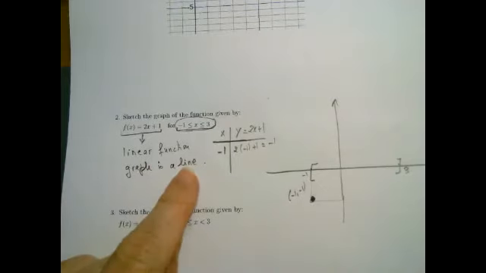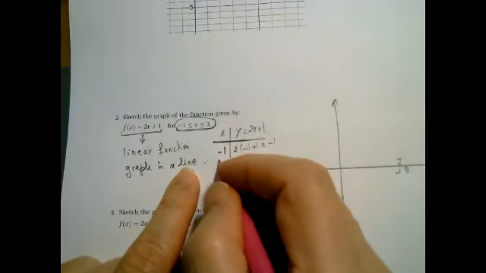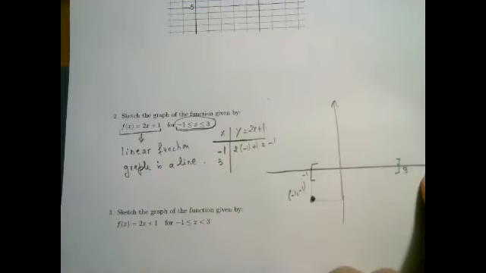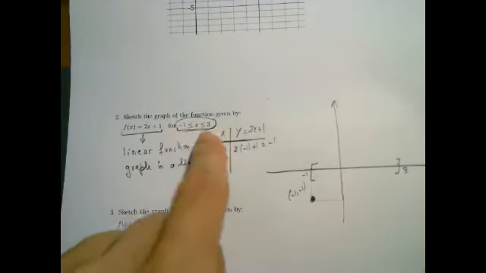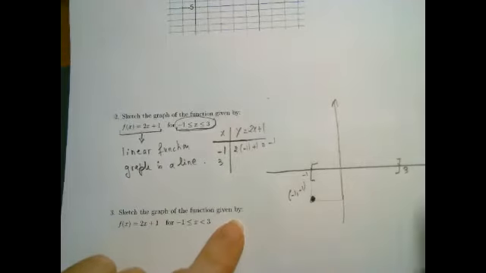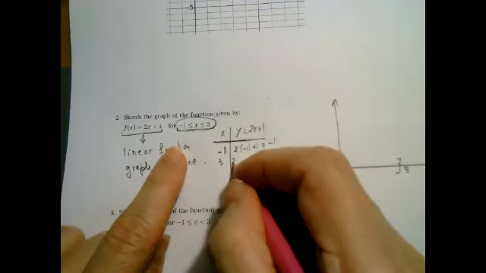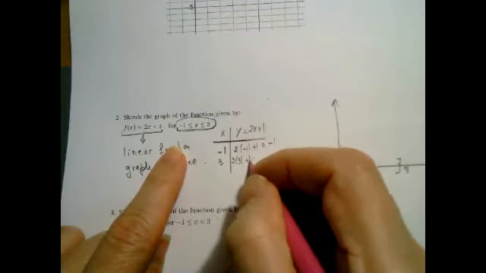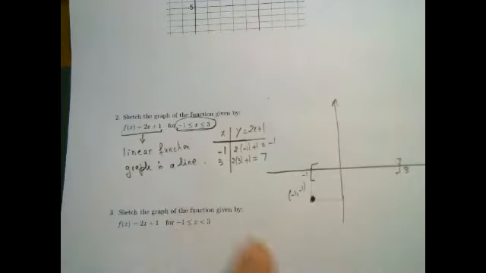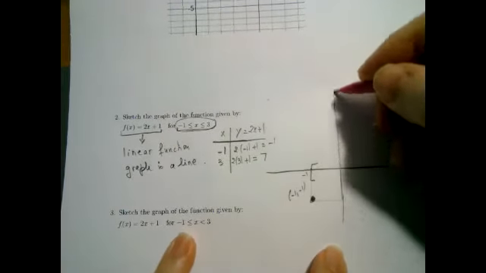Now, I need another point. I will take 3, because I can take 4, but it doesn't really make sense because that's really my domain. So I'm going to restrict with it. I take 3, I will get 3 plus 1. This is 4. So at 3, my function takes the value 4.